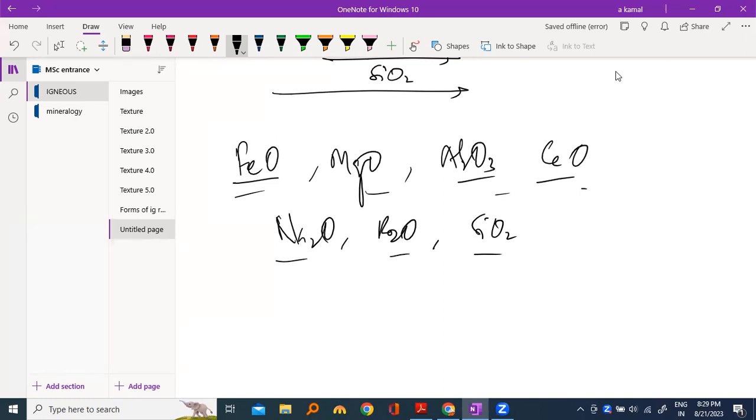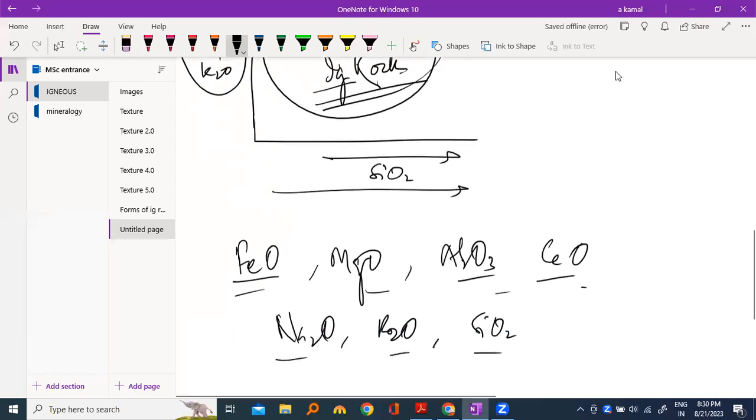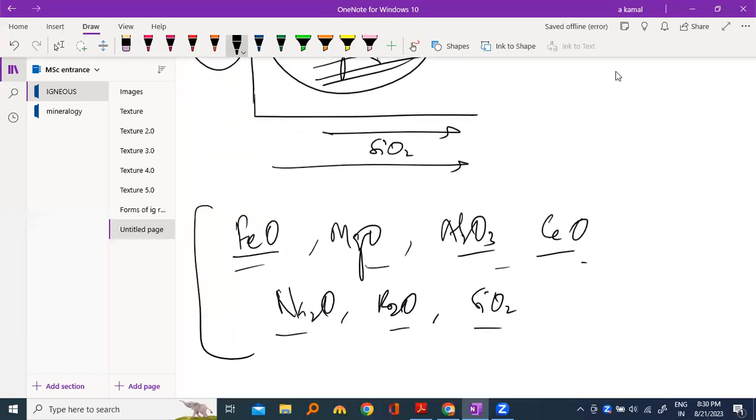When your magma moves from mafic to intermediate, intermediate to felsic, there is variation in the composition. This compositional variation takes place throughout the magmatic evolutionary path, so changes take place in all these components.